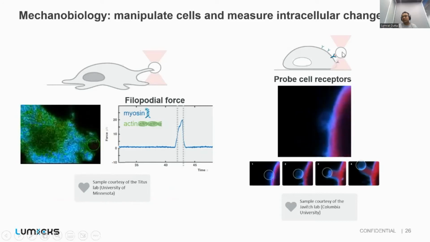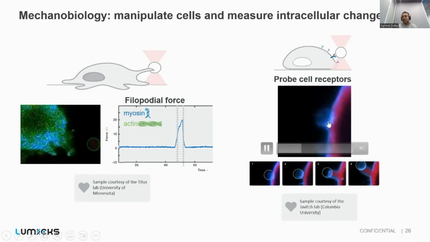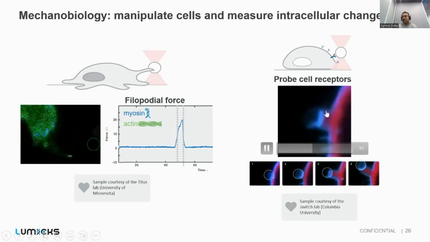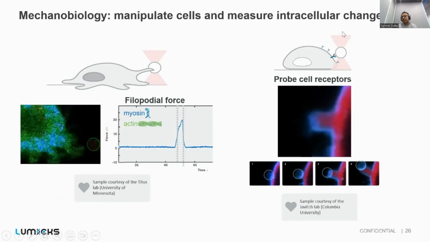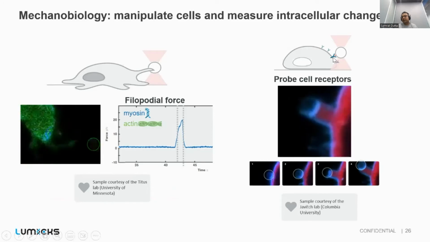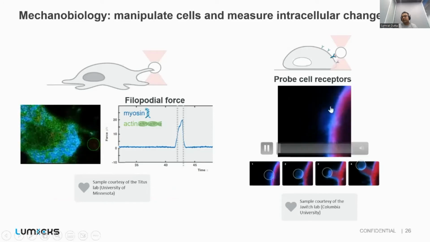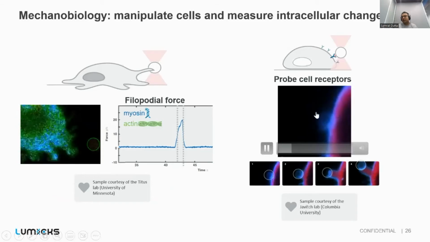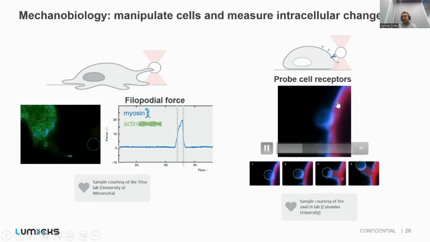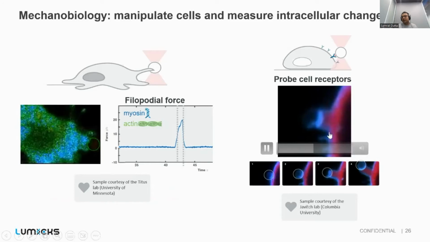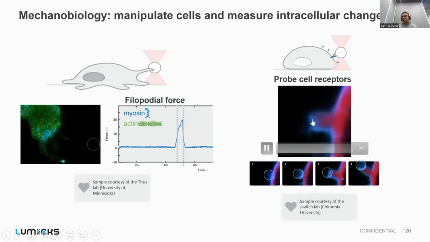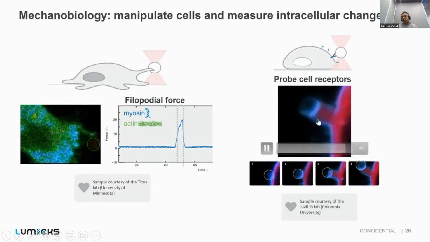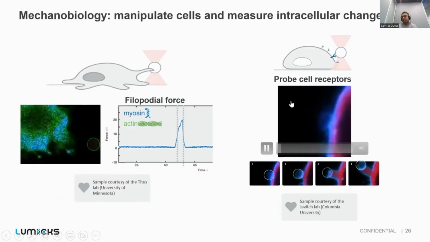Once they brought the bead closer to the cell, which we cannot see here because it is not fluorescently labeled, the biotin and streptavidin interaction takes place, and once the bead is pulled away, we can see the components which are extracellular and intracellular also move along its way towards the direction where the bead was moved.